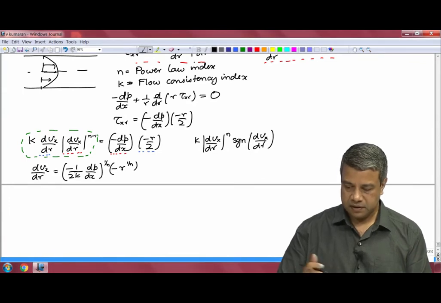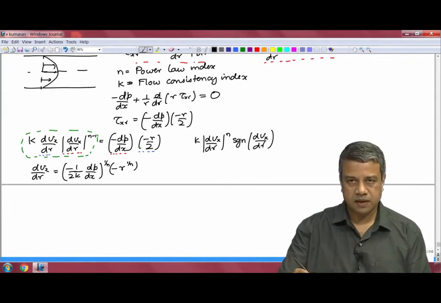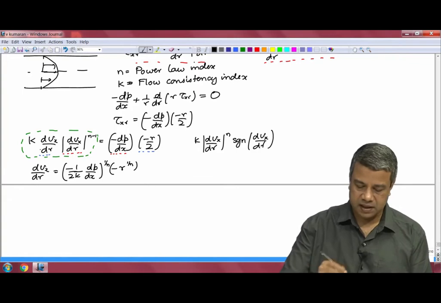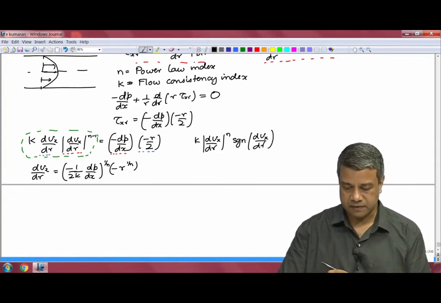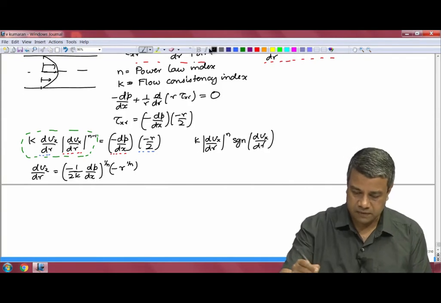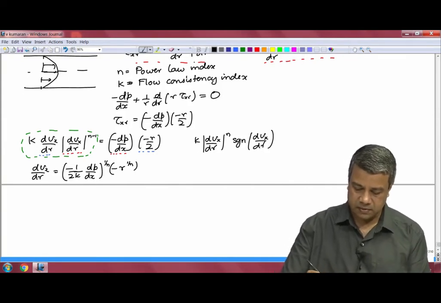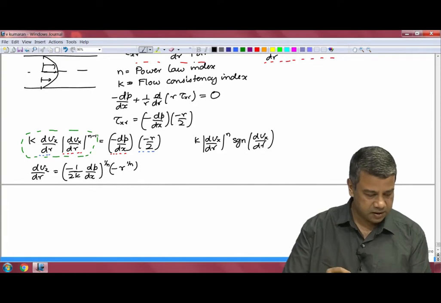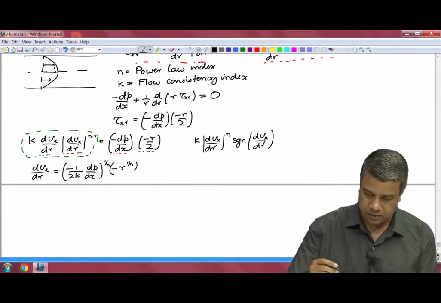Therefore, if minus r by 2 is negative, then the sign of dVx by dr has to be negative. And therefore, when I take the power of 1 over n, I will get minus 1 by 2 k dP by dx power 1 by n times minus r power 1 by n.